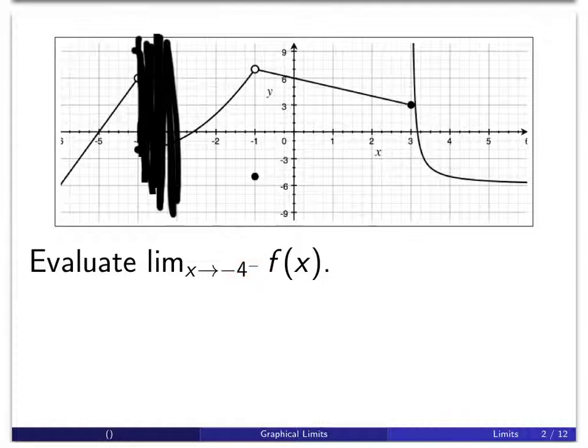So again, the minus sign means we're going to approach it from the left. Well, my y values are creeping along there, and it seems like my y values are approaching this number 6. Okay, again, we're creeping along from the left, and the y values are approaching 6. So my limit here is going to be equal to 6.